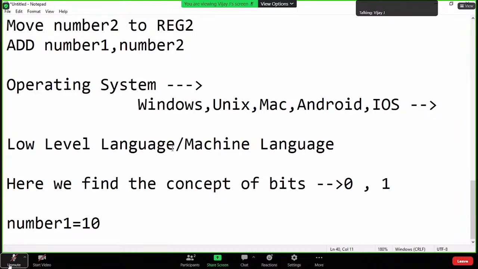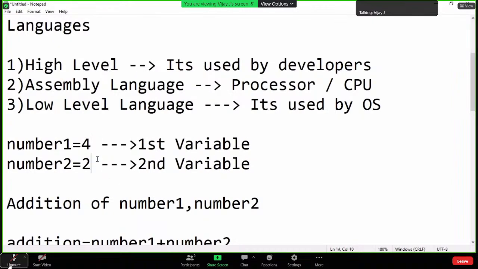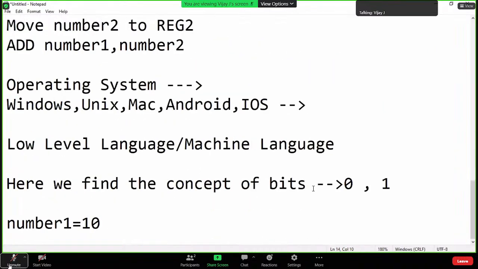For the time being, to make it simple, instead of taking 10 and 20, not that much data, let's take number 1 as 4 and number 2 as 2. Clear?